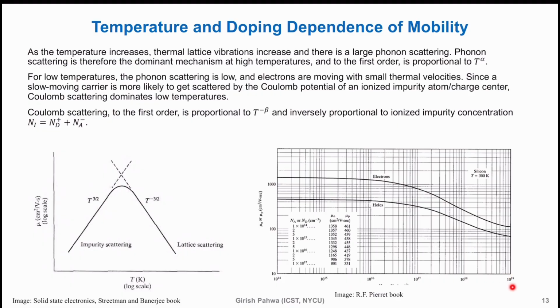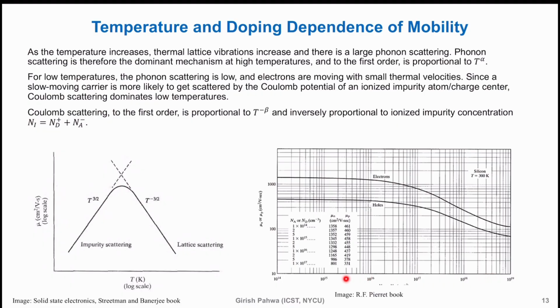So this is the doping on the x-axis, net doping. Net doping, not the difference but the addition. Because whether it is positive charge or negative charge, both are going to scatter. So Na plus Nd is the x-axis.